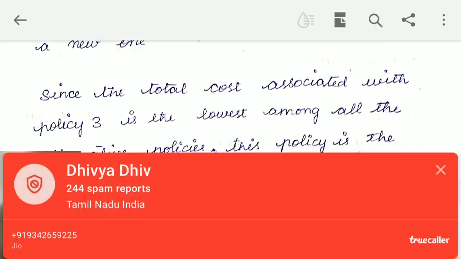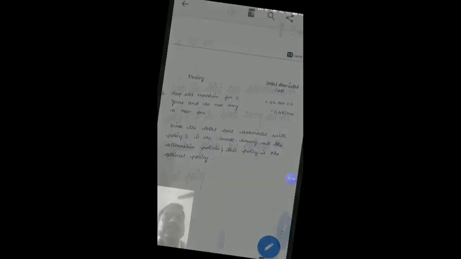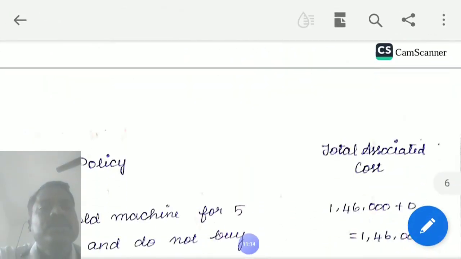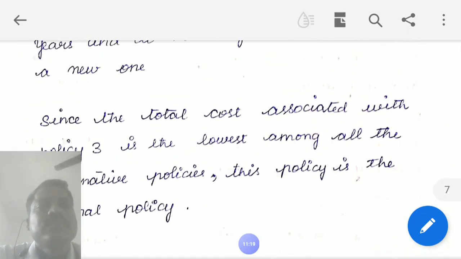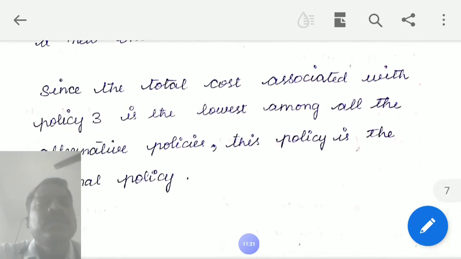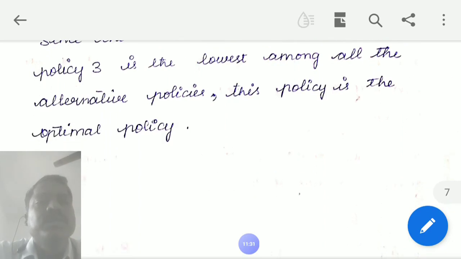Therefore, since the total cost associated with policy 3 is the lowest among all the alternative policies, this policy is the optimal policy.